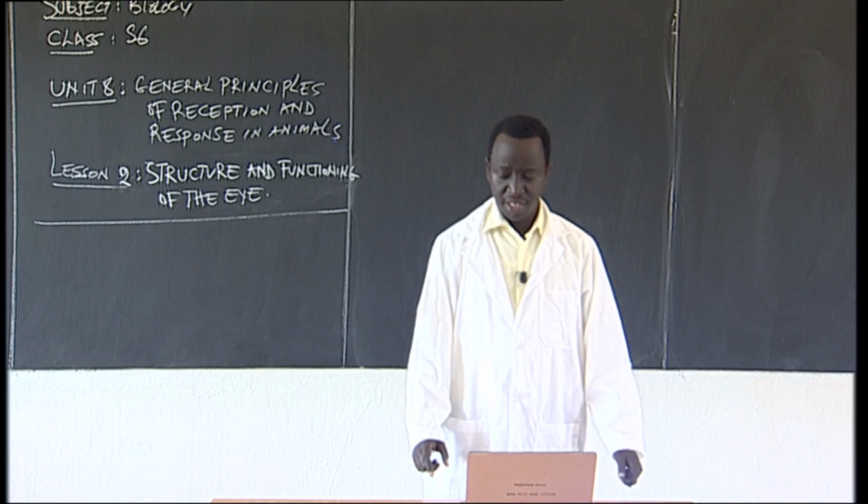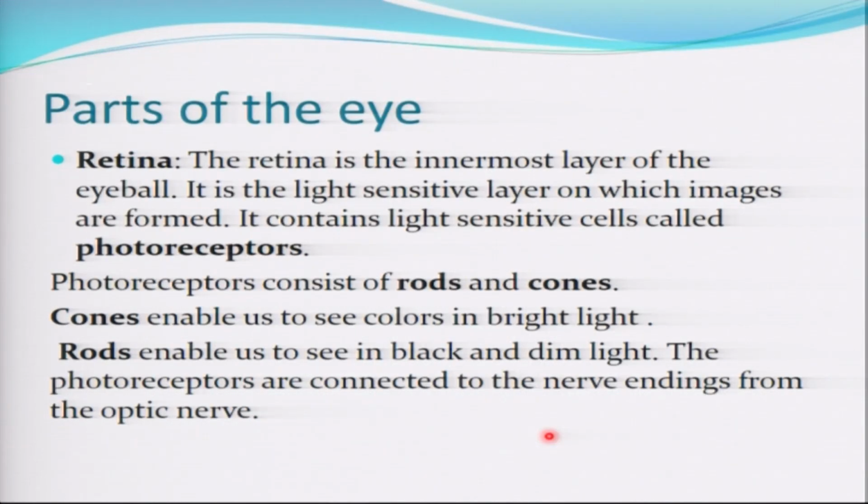Now we have the retina, the innermost layer of the eyeball. It is light sensitive. The light that gets into the eye is going to be received on the retina. Why? Because the retina contains what we call photoreceptors.